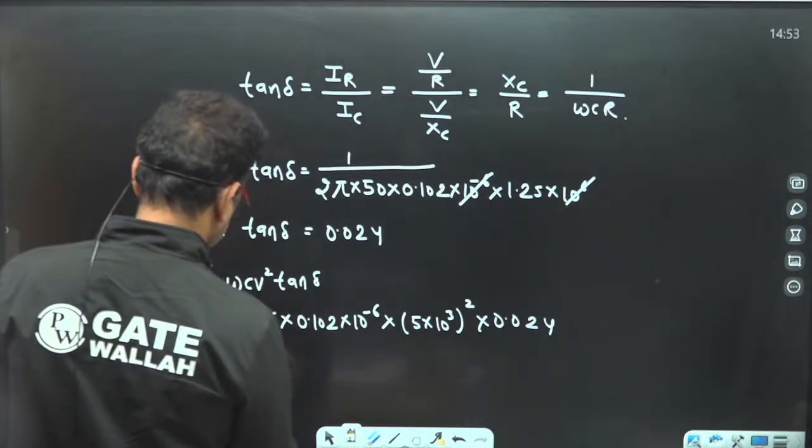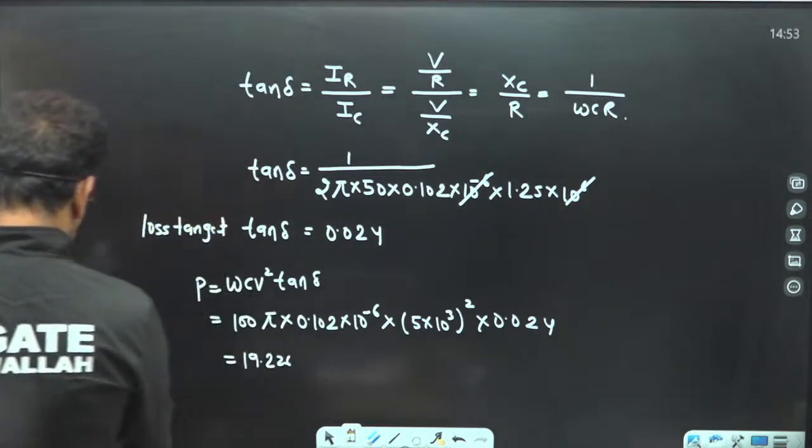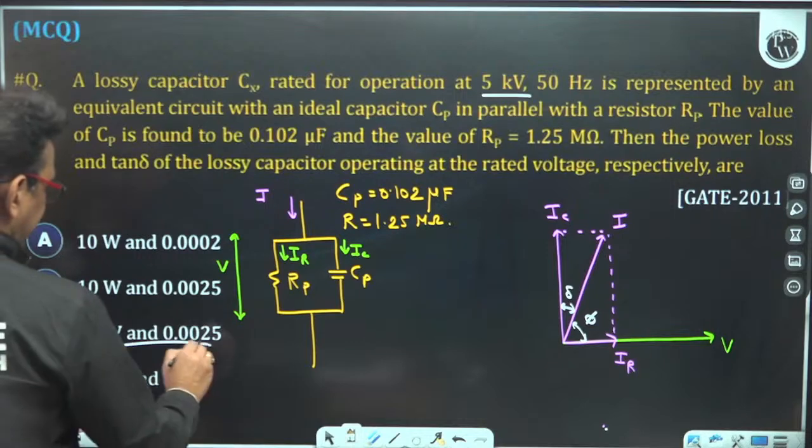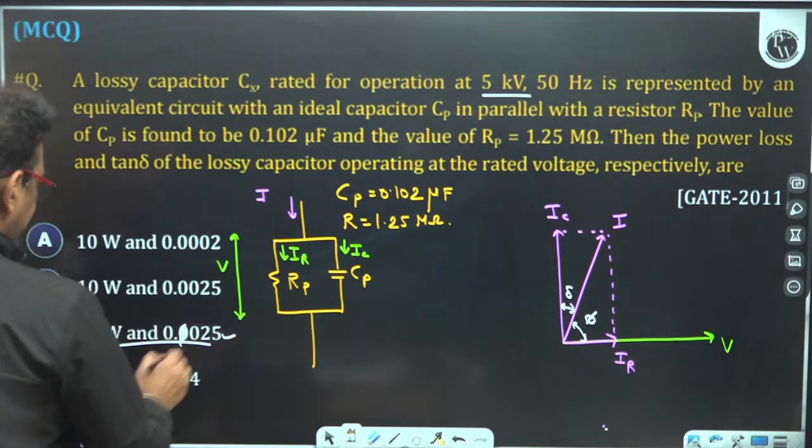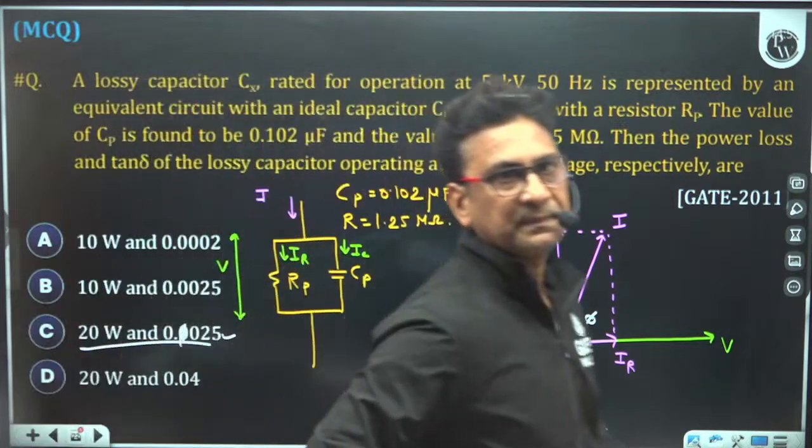That gives about 19.226, approximately 20, and the tan delta is 0.025. So C is the correct answer. Clear?